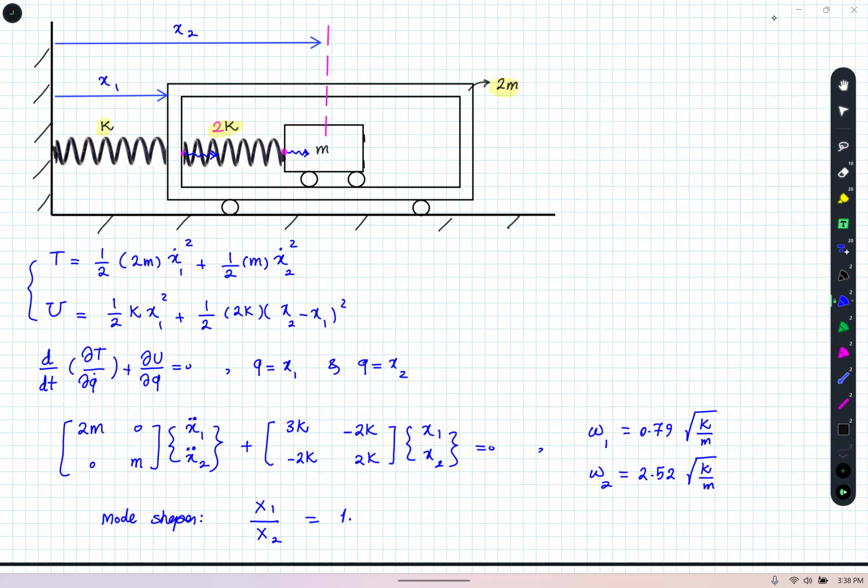Again, I'm going to make sure that I got the right number. Yeah, I got 1.15 for x1 and x2. For the second mode, I got minus 0.2. All right, that's the mode shapes. But again, I've done some rounding, so make sure that you check the math and see how it works. However, from the fundamentals, when we calculate T and U, you saw how it works, and this is the formula we use.